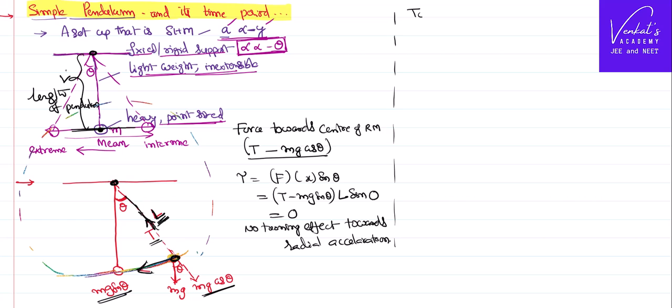The torque due to mg sin theta is force into perpendicular distance. The perpendicular distance is L, so that is the force and perpendicular distance.